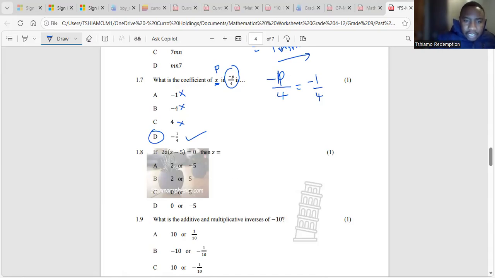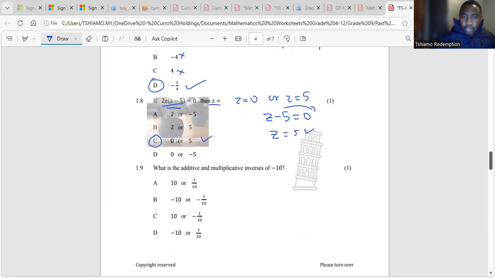Okay, if that's the answer, then what is the value of z? Here, there should be 2 values of z. So z will be 0 or z will be 5. 0 and 5, that's the answer. Let's solve for x. z minus 5 equals 0, and transposing that, z becomes 5.